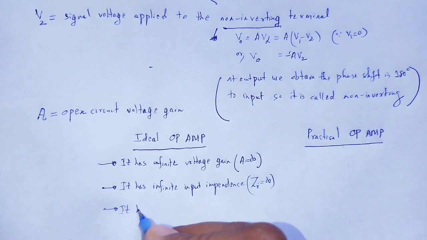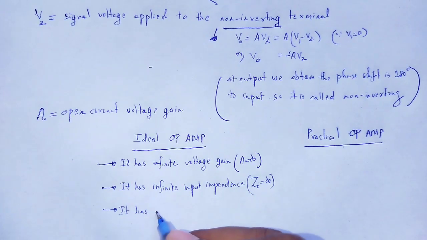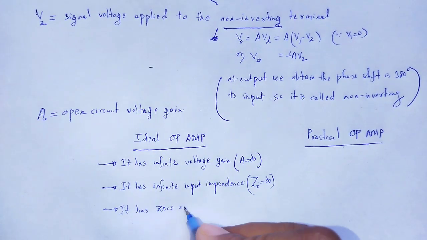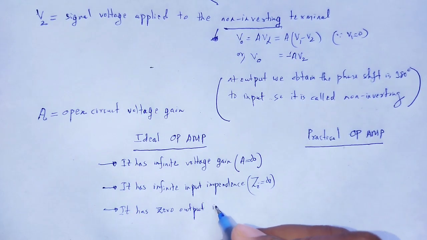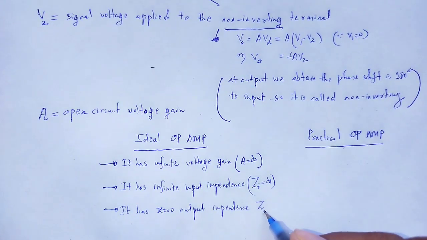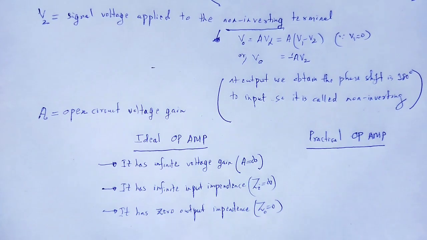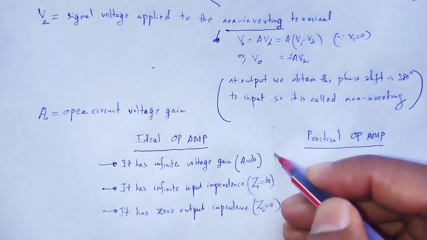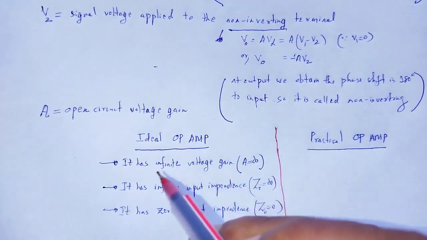At the same time it has 0 output impedance. Output impedance 0. These are the points for an ideal op-amp.